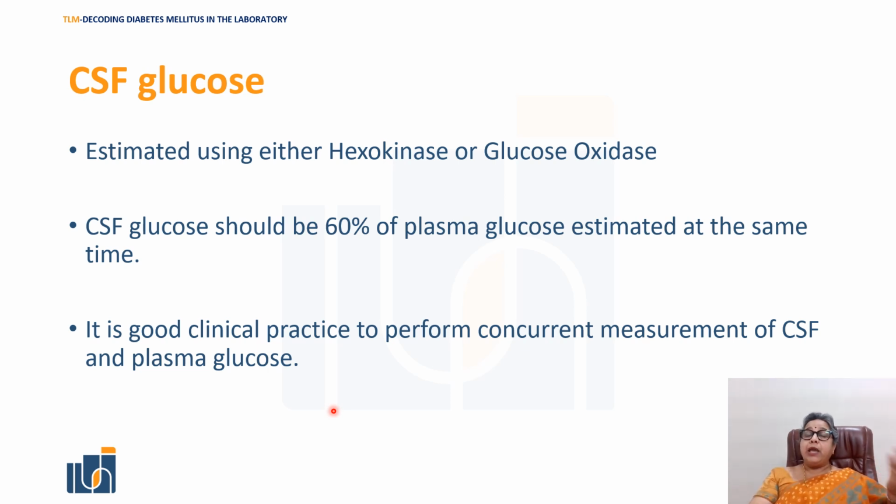A very high glucose value could be because the patient's plasma glucose was very high, either because the patient had a dextrose drip or is a diabetic with uncontrolled sugar. That is very important for the clinician to correlate. So you should ask for a venous sample from the patient.